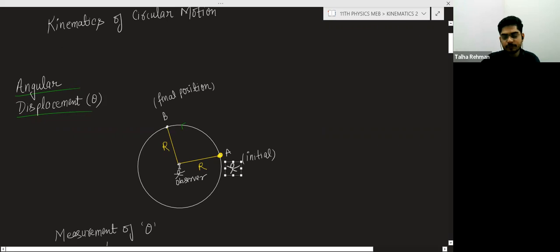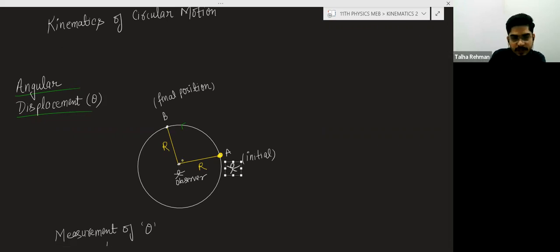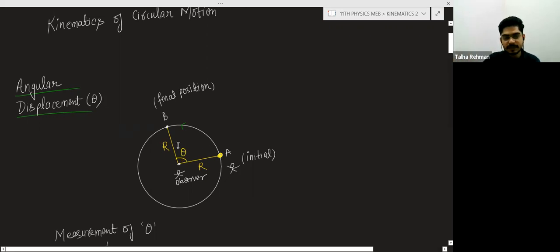Now, when you are watching this motion of this person, you will see this person subtending an angle that is known as theta. This theta is known as the angular displacement.